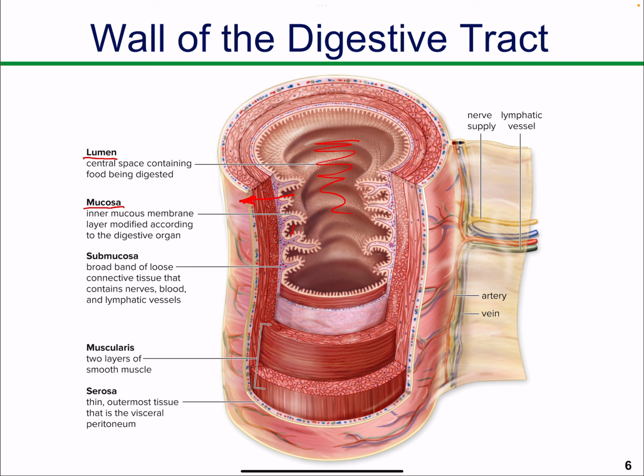And then underneath of the mucosa, we are going to have the submucosa. The submucosa is going to be made up of loose connective tissue. In that loose connective tissue, we are going to find blood vessels, nervous tissue, the lymphatic vessels, and so on.